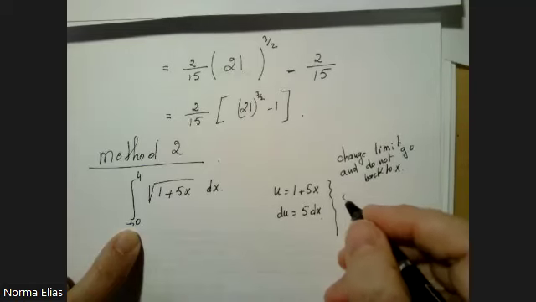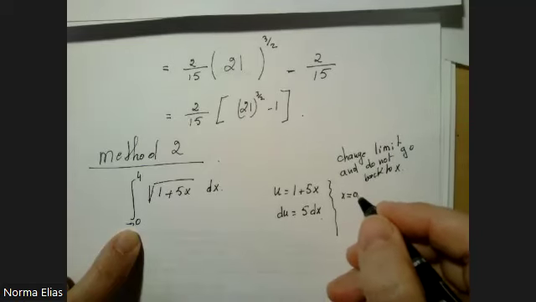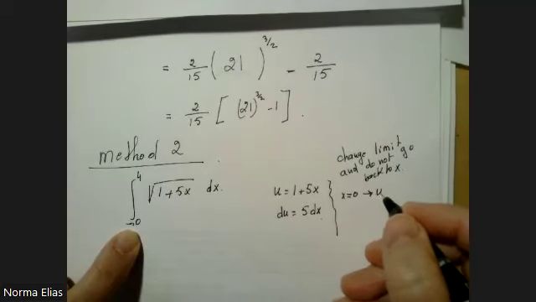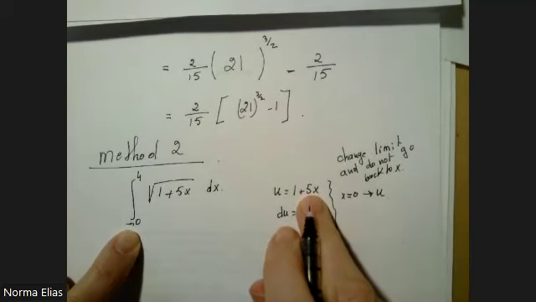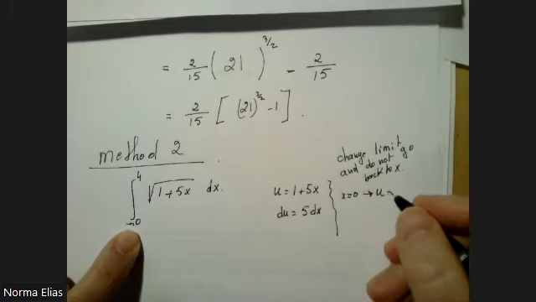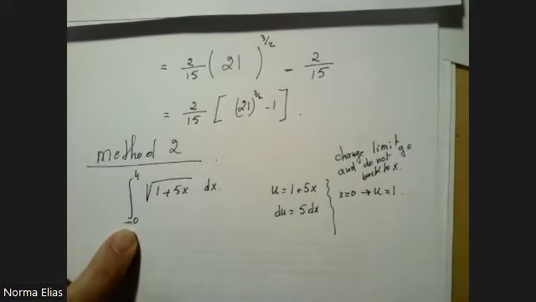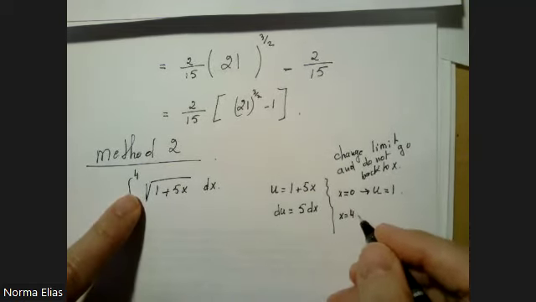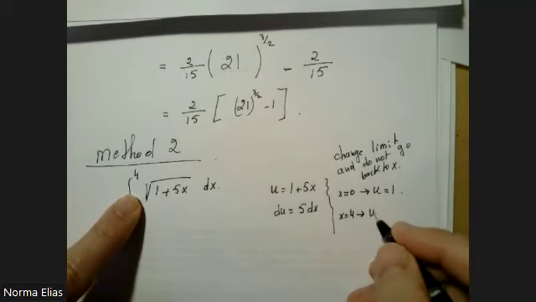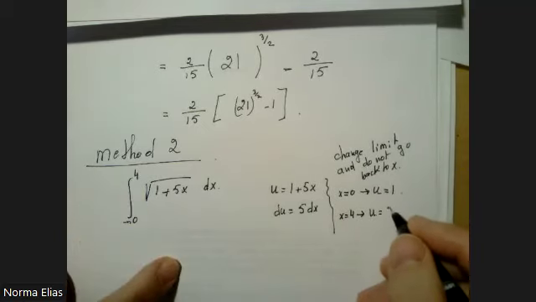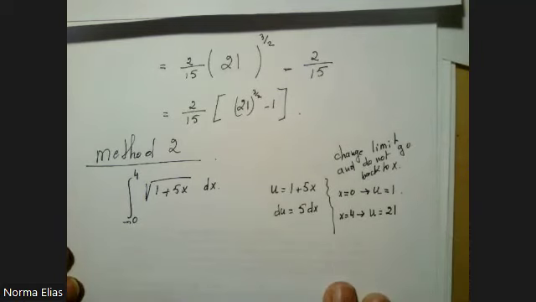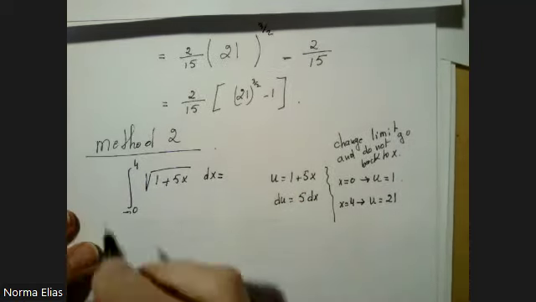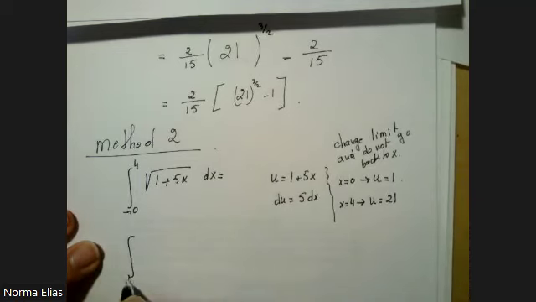You say, okay, if x is 0, that's the lower limit, then I substitute 0 in the expression of u. u is 1. If x is 4, my new limit would be 21. And this is where the change is. This is going to be equal to everything now in terms of u.